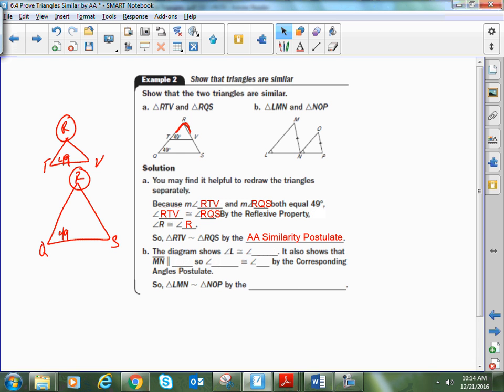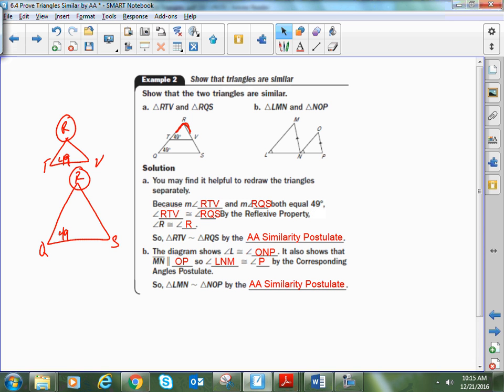Now looking at the other figure here, I know that angle L and angle ONP are the same because they're given to me. Well, if the angles are the same and the segments MN and OP are parallel to each other, then we must be able to draw the conclusion that angle LNM and angle P are also congruent to each other because they're corresponding angles, just like L and angle ONP are.